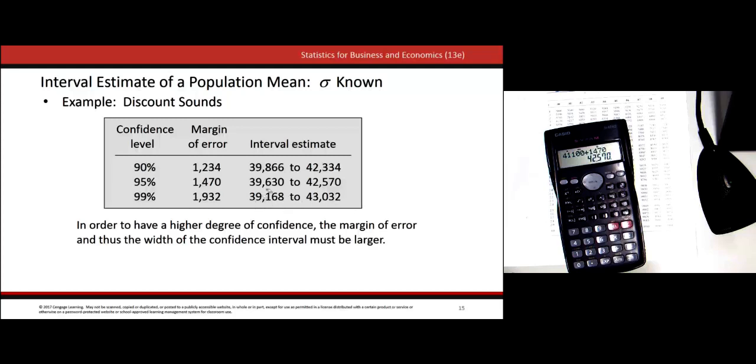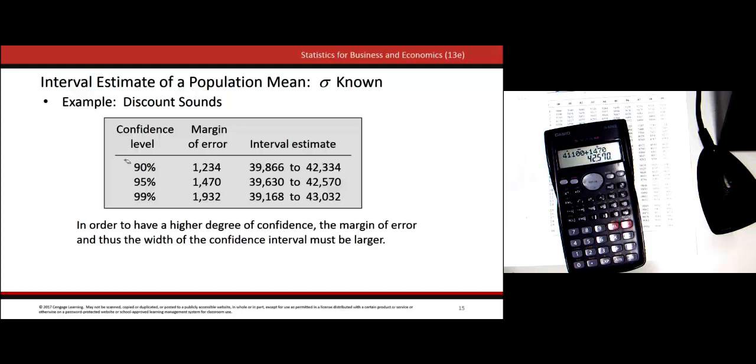So can we say that a 99% confidence interval is always better than a 90% or 95% confidence interval? That is not true. A 99% confidence interval is more reliable than a 90% or 95% confidence interval.